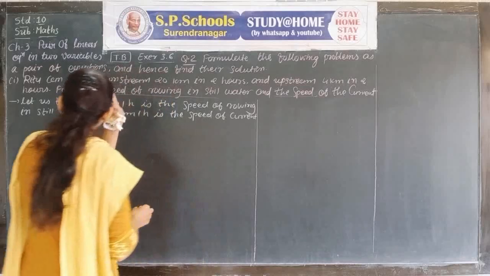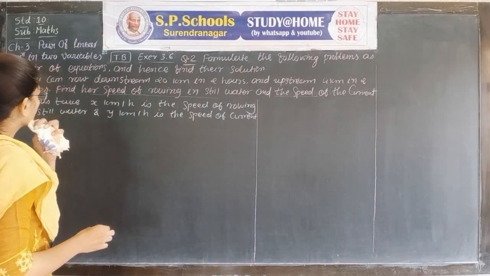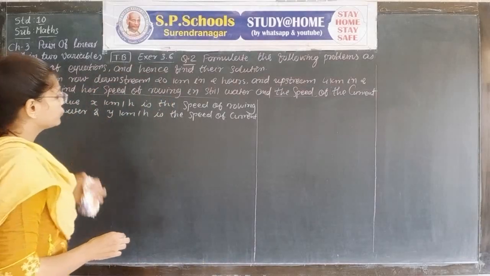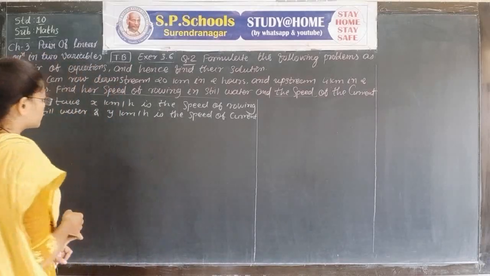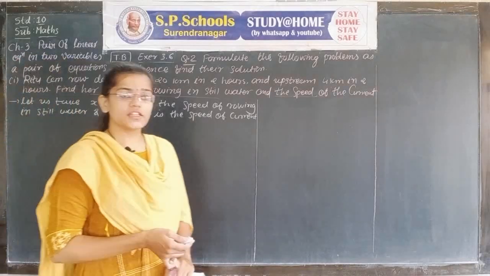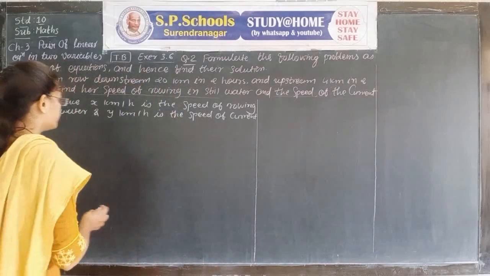The question says that Ritu can row downstream 20 km in 2 hours and upstream 4 km in 2 hours. That's why first of all we need to find the speed of Ritu upstream and downstream.